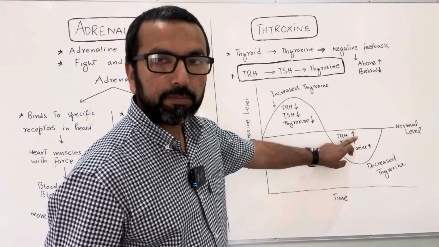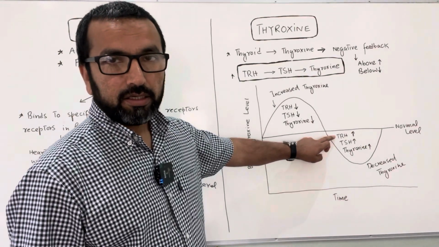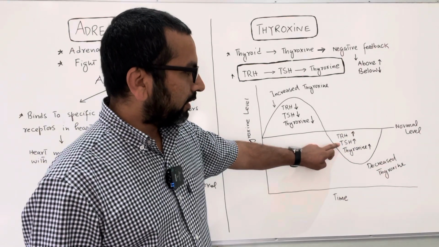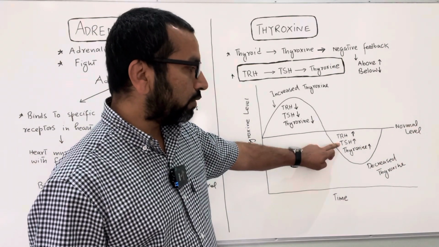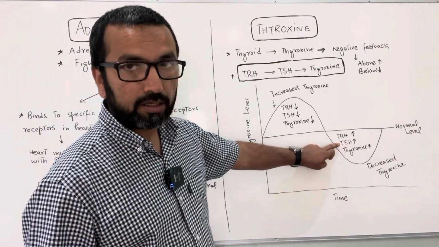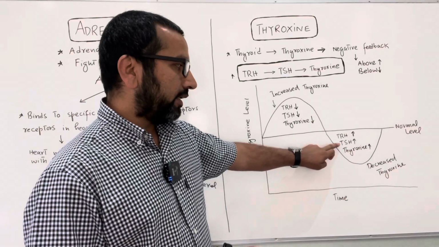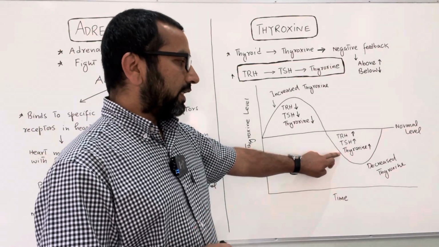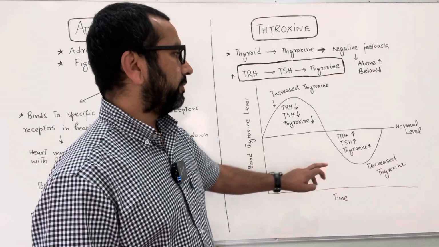The up arrow means that the amount of TRH hormone will increase, and as a result the pituitary gland will release more thyroid stimulating hormone, and more thyroid stimulating hormone will increase the quantity of thyroxine in our blood.